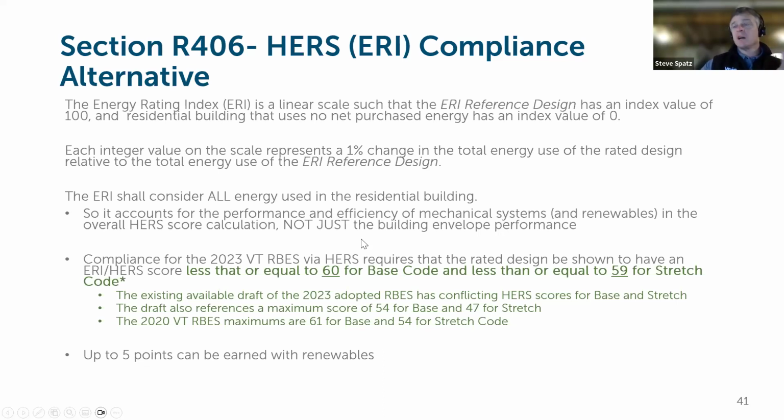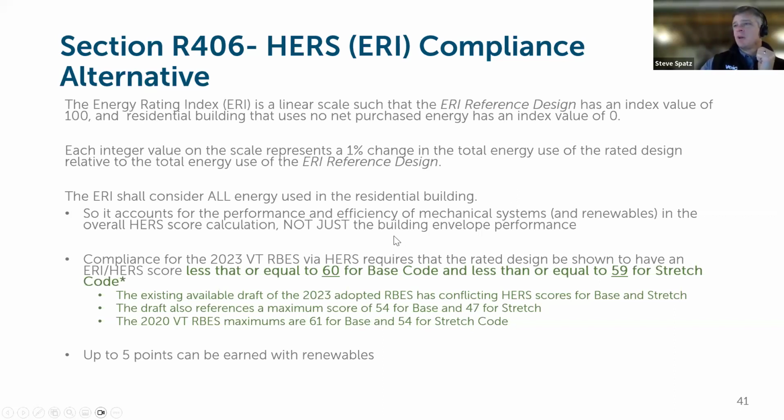But in the document itself right now, 54 and 47 is also referenced. That was what early versions of the code update were calling for. But in the process of the code update cycle, it landed at 60 and 59. I did have an inquiry in with the Department of Public Service yesterday to try to get clarification on that. And this is where we're landing, but it's not verified yet.